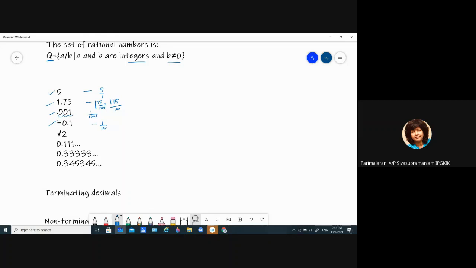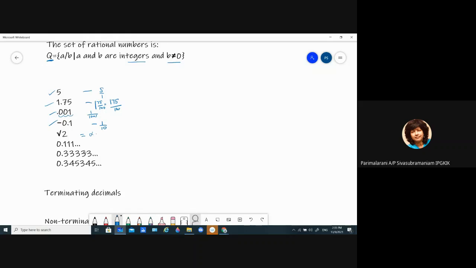So square root 2, can we write this as a rational number? We can't write this as a rational number. How about 0.111?